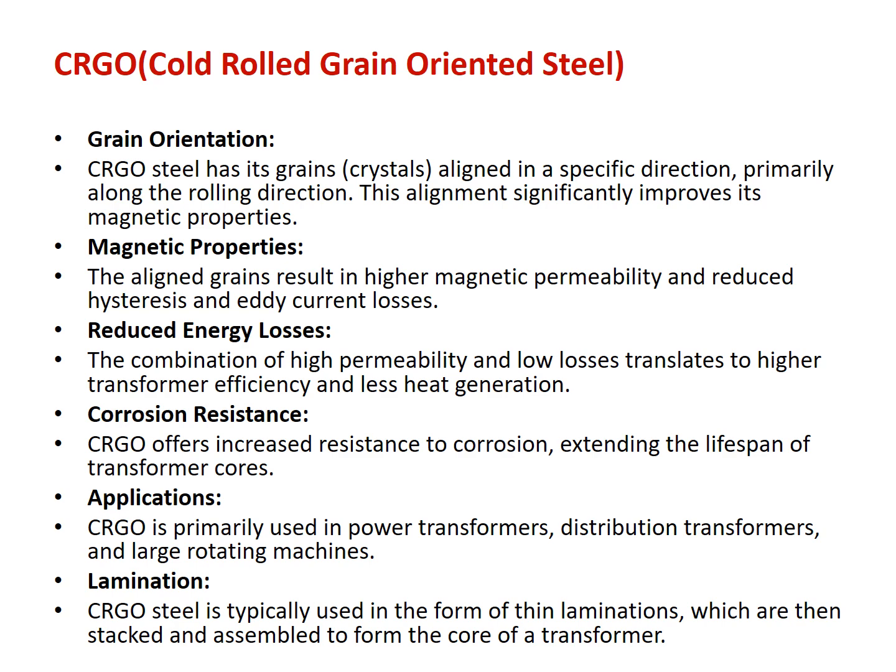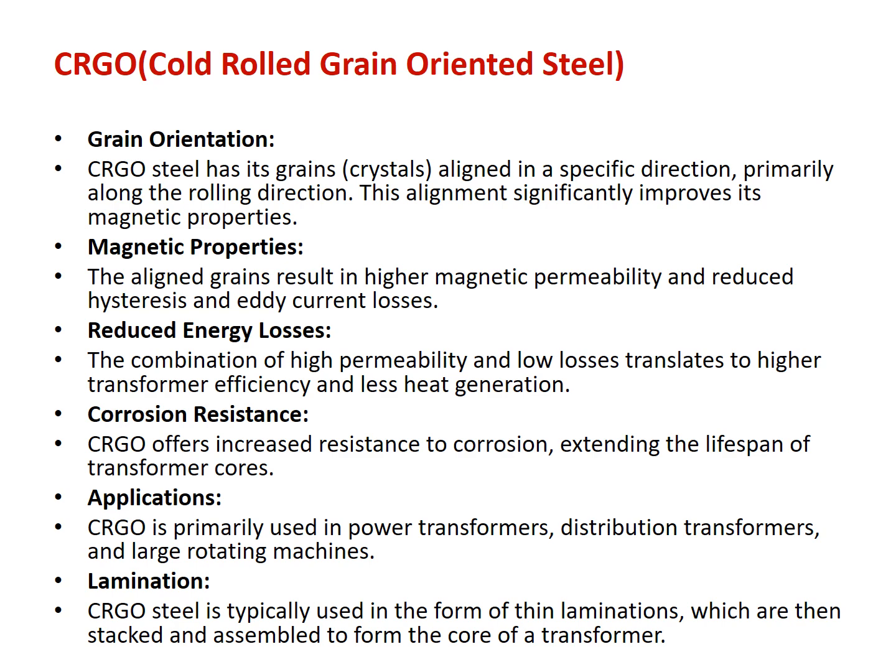The combination of high permeability and low losses translates to higher transformer efficiency and less heat generation. Corrosion resistance: CRGO offers increased resistance to corrosion, extending the lifespan of the transformer core.